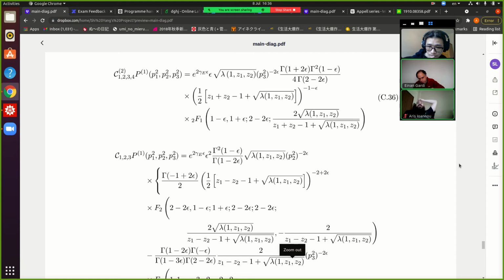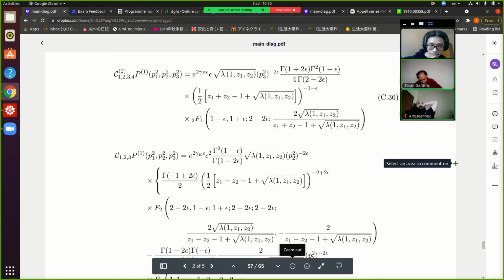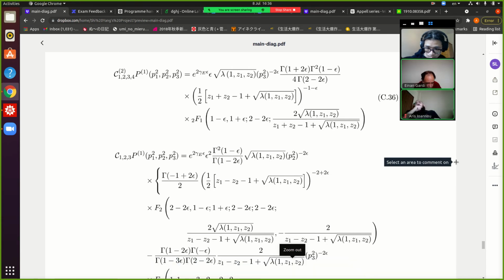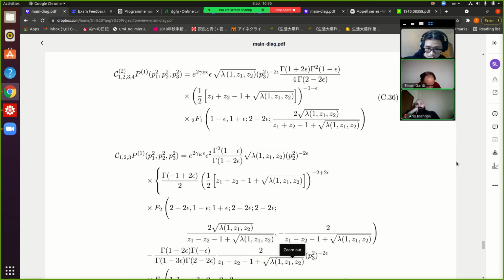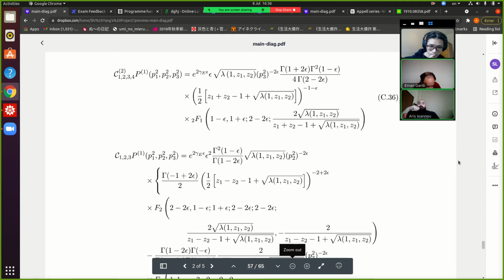F2 is very similar to F4, it's just a bit simpler. And so these F2s represent the three-propagator cut. So all the expansions are given there.